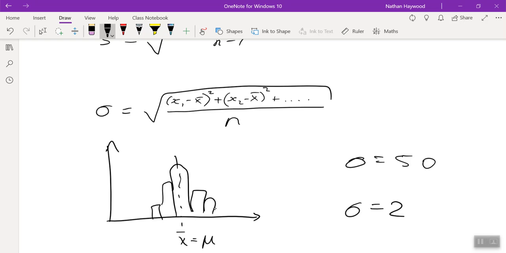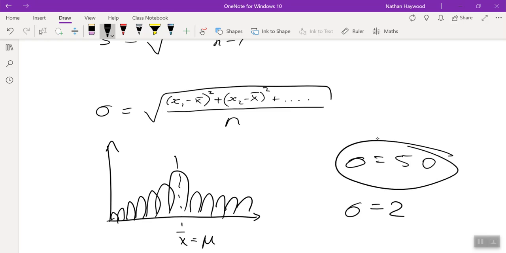Is it really spread out? So it's probably this standard deviation. And then we could change the data so it becomes this. See how it's really spread out from the mean? This is a terrible histogram, by the way. So this is probably this standard deviation because it's really spread out from the mean. So it's a measure of spread.